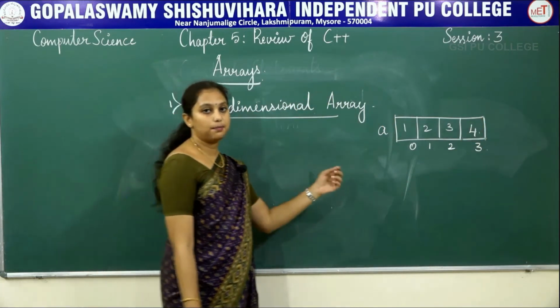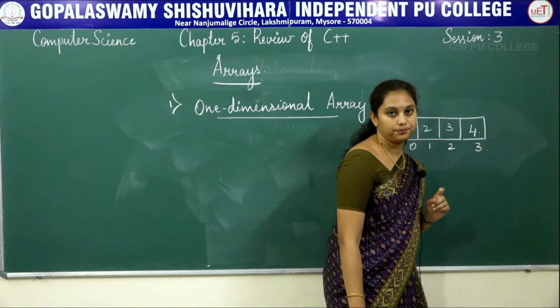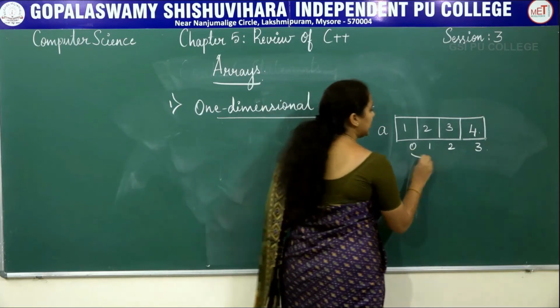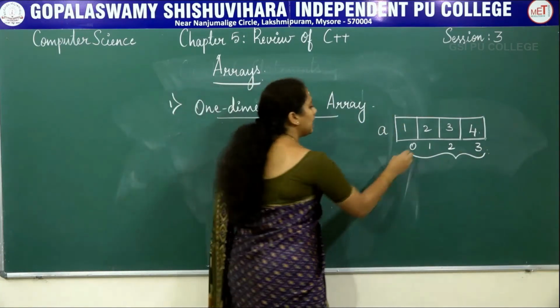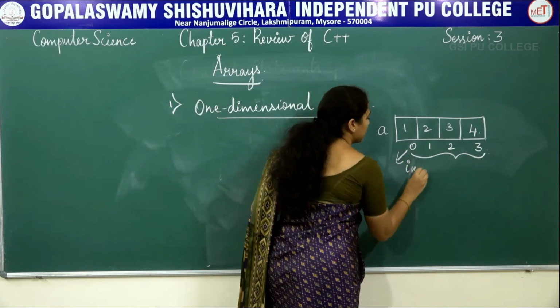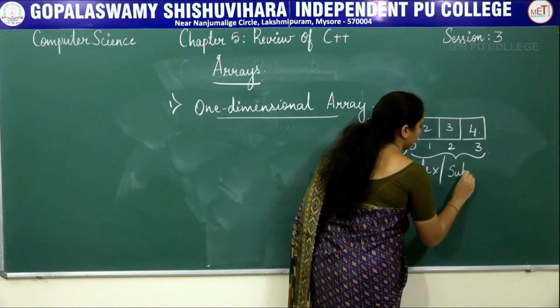Each element is numbered 0, 1, 2 and 3. So what are these called? These are called index or subscript.